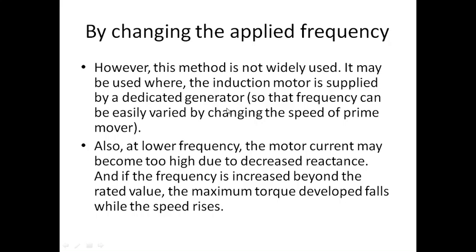That's when I'm going to use a generator, I can go for my frequency change. At low frequency, the motor current can become too high due to the decreased reactance. That's why if I reduce my frequency, my current becomes very high. So this type of speed control is not at all used much.